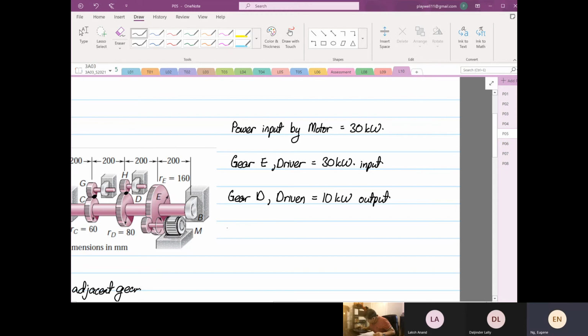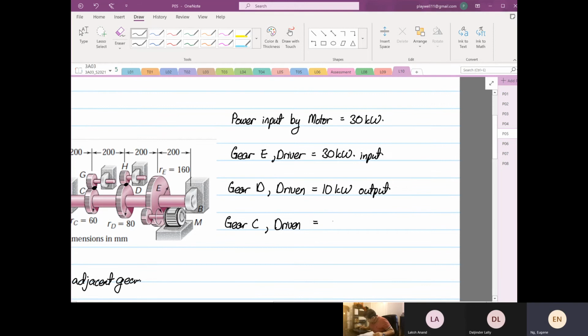And at gear C, which is also the driven, it is going to take out 20 kilowatt output.